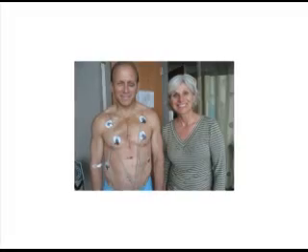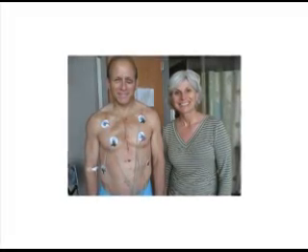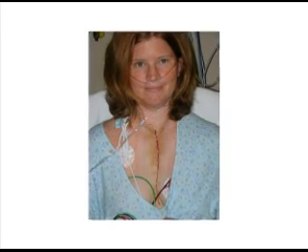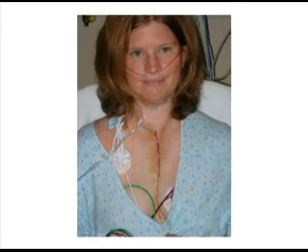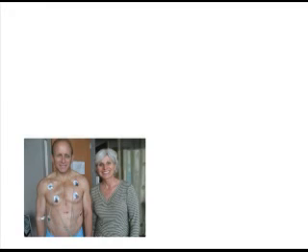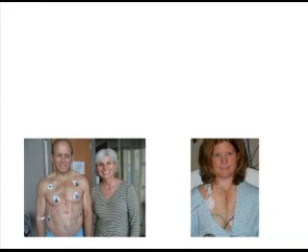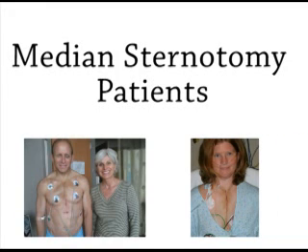In this type, the surgeon breaks the patient's sternum, then with access to the heart, stops the heart, fixes the aortic valve, then restarts the heart and closes the sternum. Here you can see two pictures of a median sternotomy, both a male and a female.